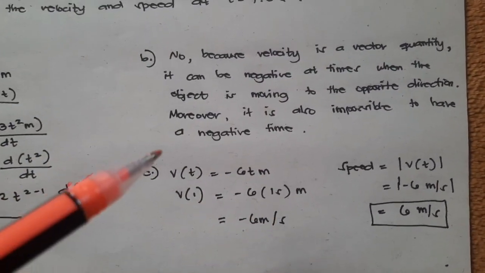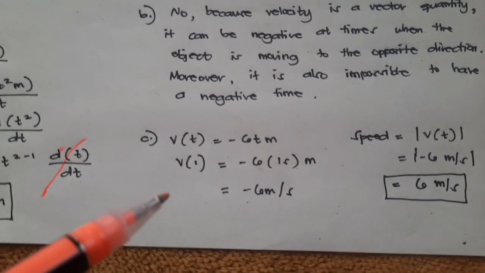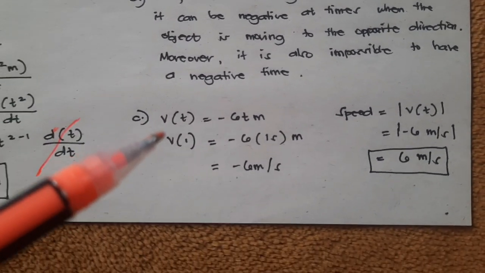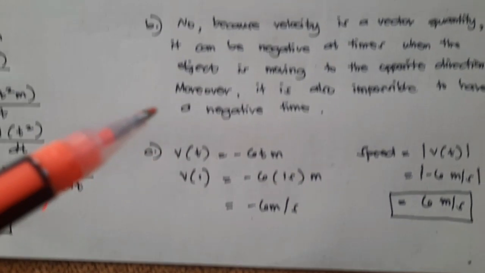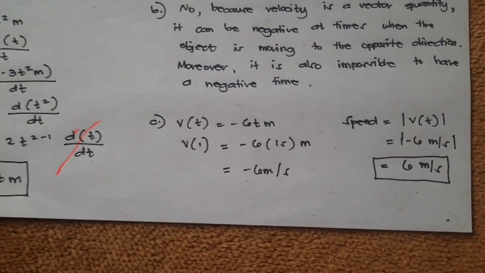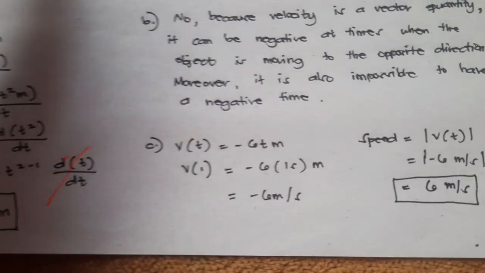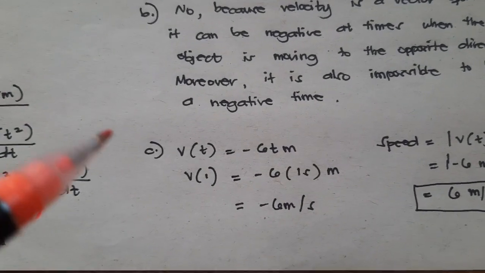So, letter C: what are the velocity and speed at t equals 1 second? Velocity of t is equal to -6 tm.